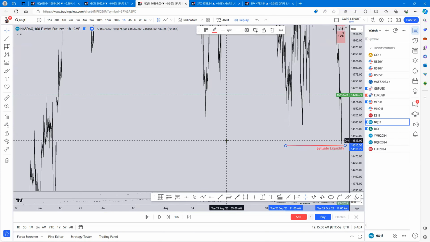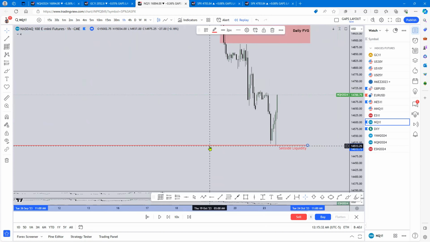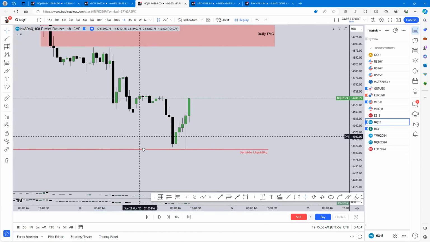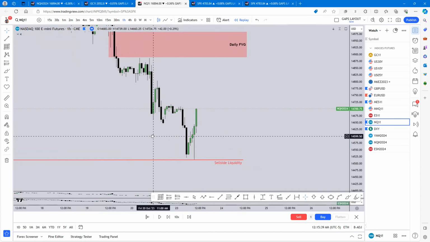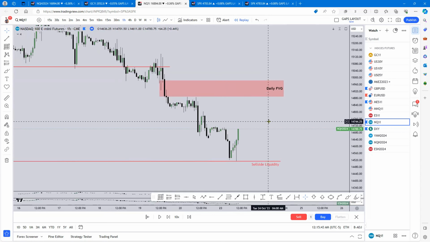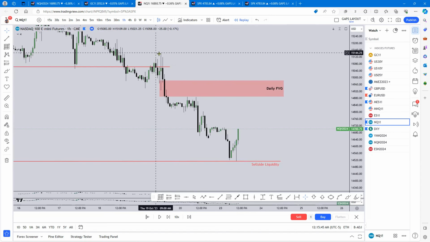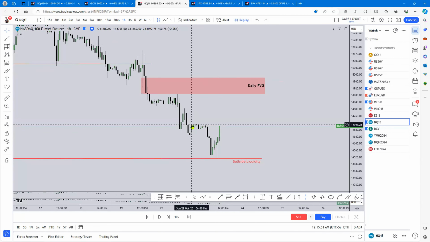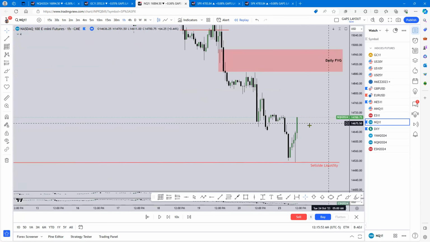Can look back to see if there's anything to the left. So this is our new sell side. Since we're getting a pullback, we can see we have some buy side liquidity here.